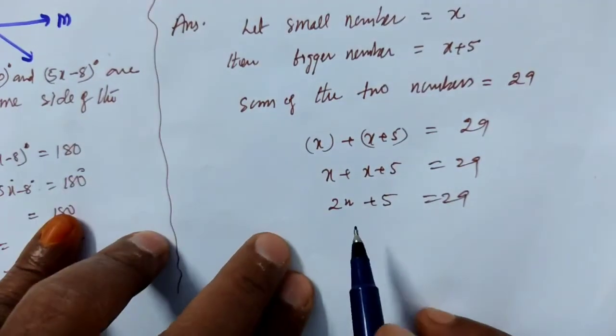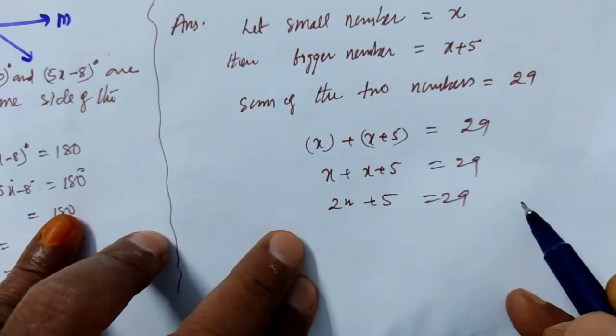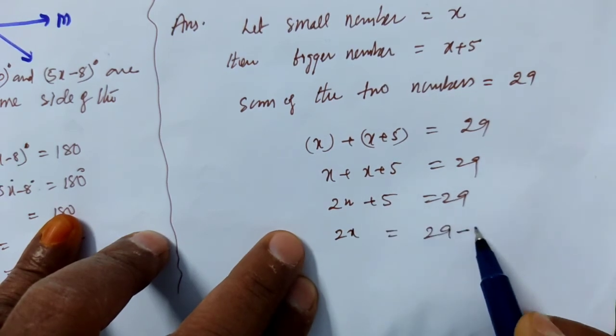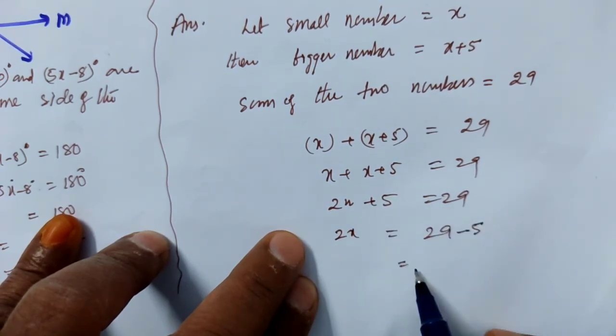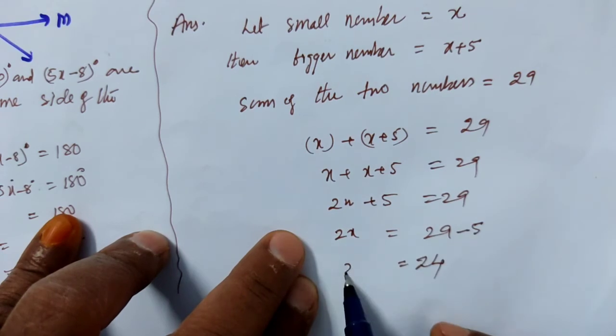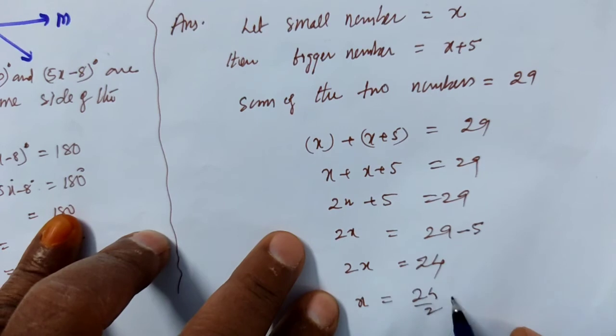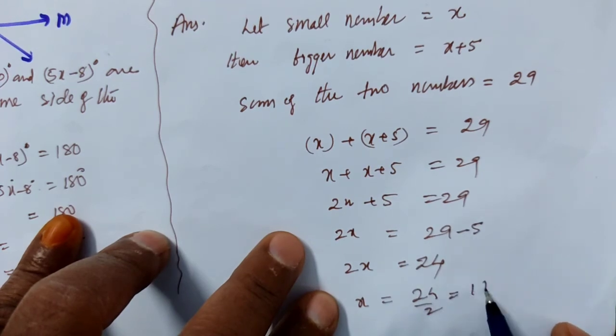Okay. Now transpose this 5 to the right side. Then 2x is equal to 29 minus 5, which is equal to 24. So 2x is equal to 24. Therefore x is equal to 24 by 2, which is 12.